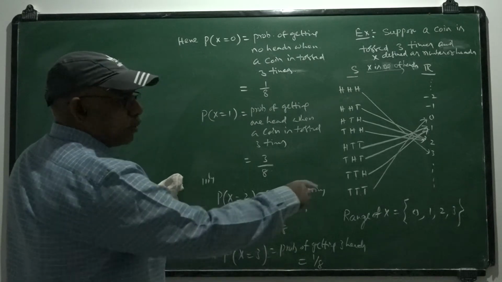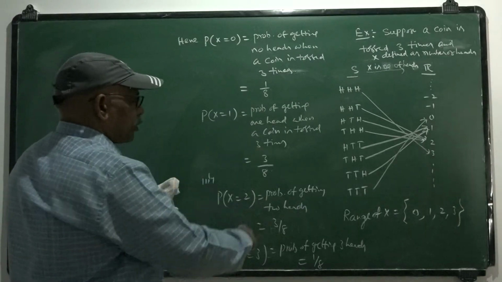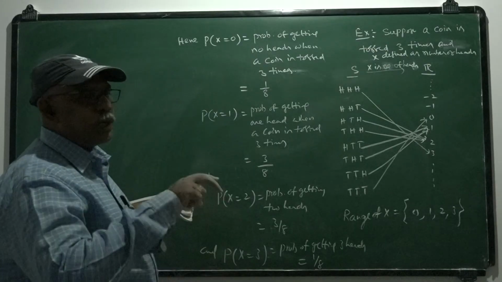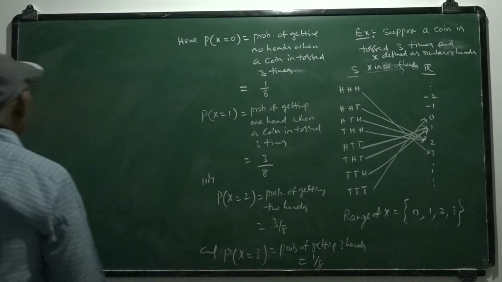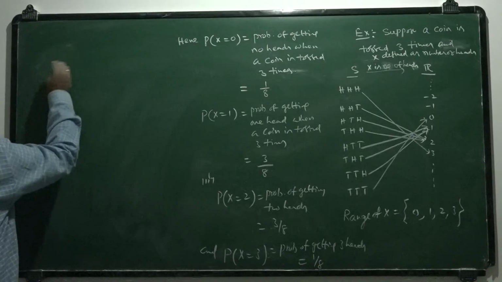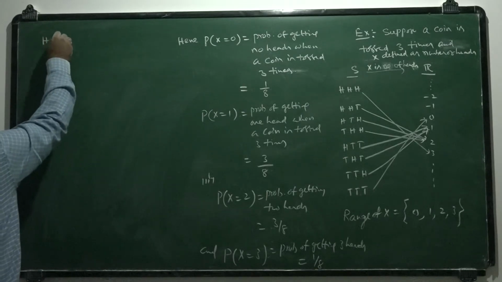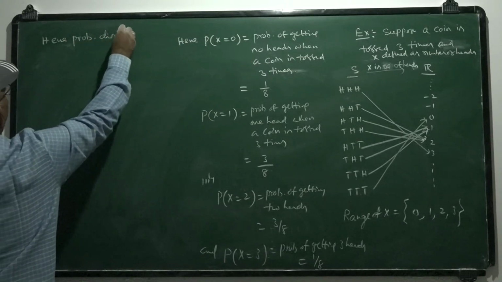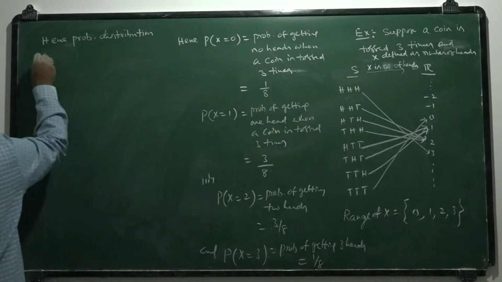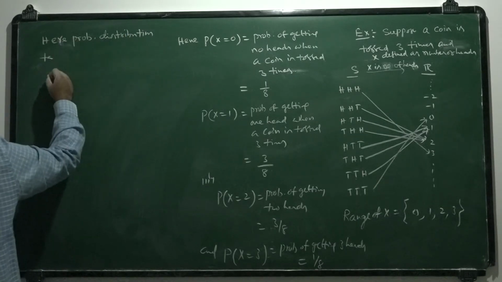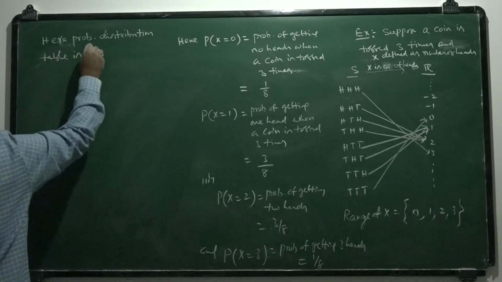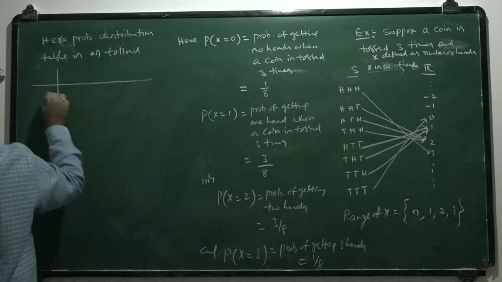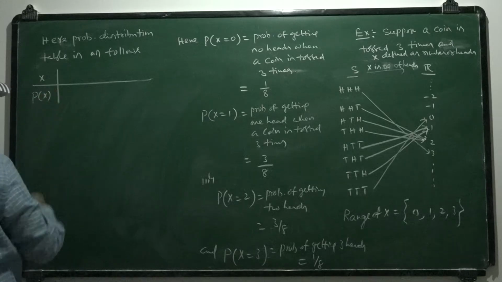Once the random variable values and corresponding probabilities are taken in tabular form, that table is known as a probability distribution table. Here the table is as follows: x and the corresponding probabilities.